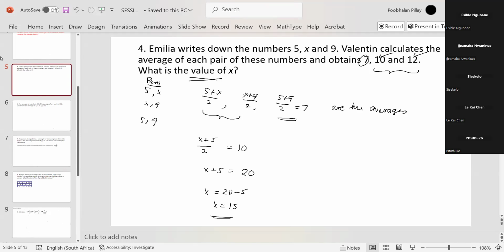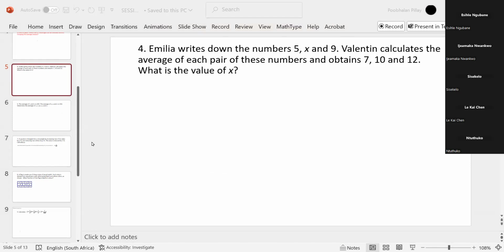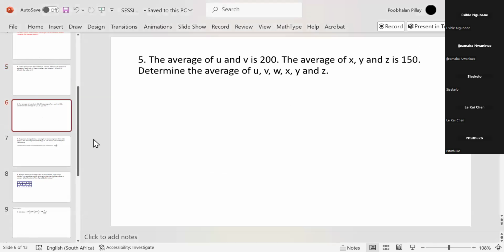Okay, so this finishes question 4. You can get on to the next one, which is question 5. The average of U and V is 200.